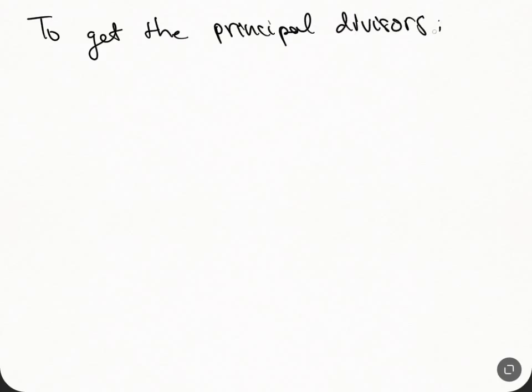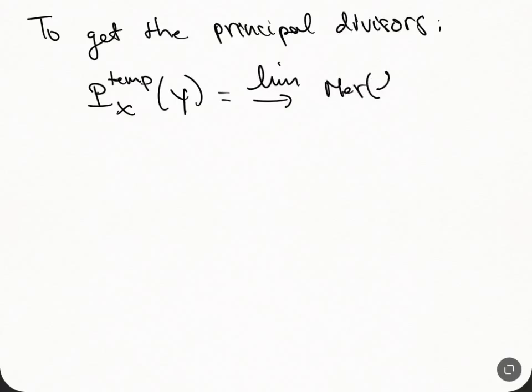To get the principal divisors, we do the following. P^temp of X, Y: we take this covering, it's going to be a similar limit here, and then we take meromorphic functions on these, so we take that system again, and then we take the Galois invariance of that.